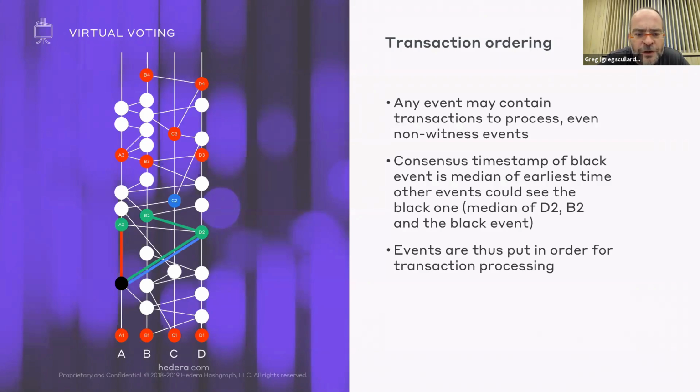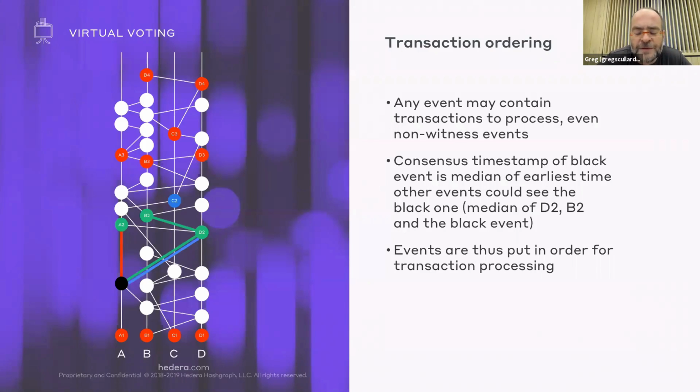Whereas if we took an average, then the timestamp of D2 would pull the time nearer itself because of its relative distance or weight. So the point of median is that you remove all the outliers straight away, and you hone in on the majority that's nearest each other.